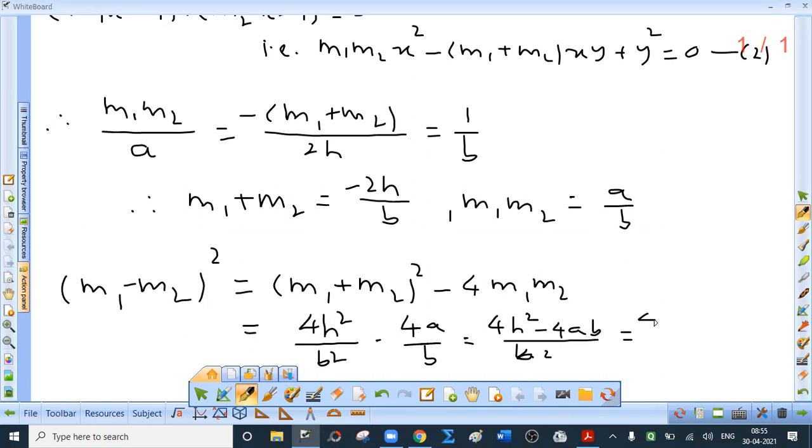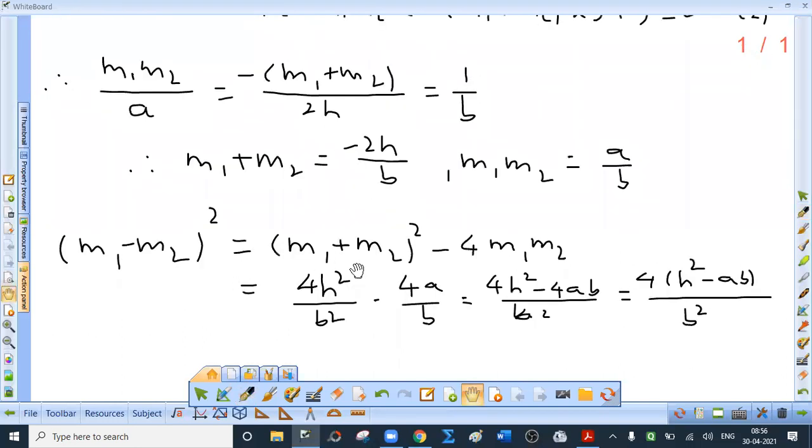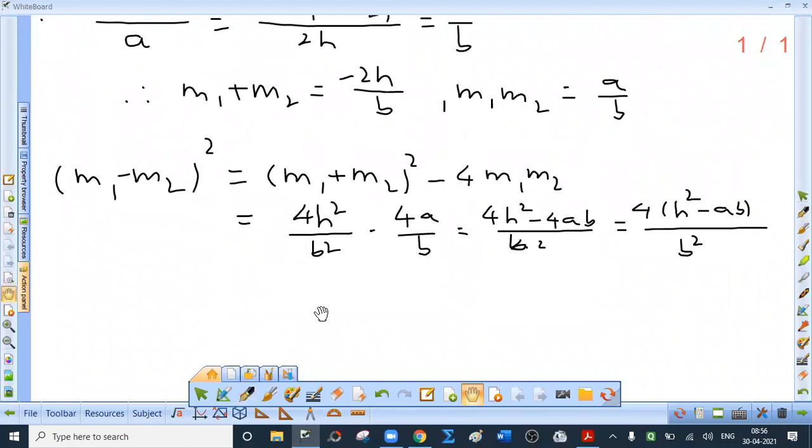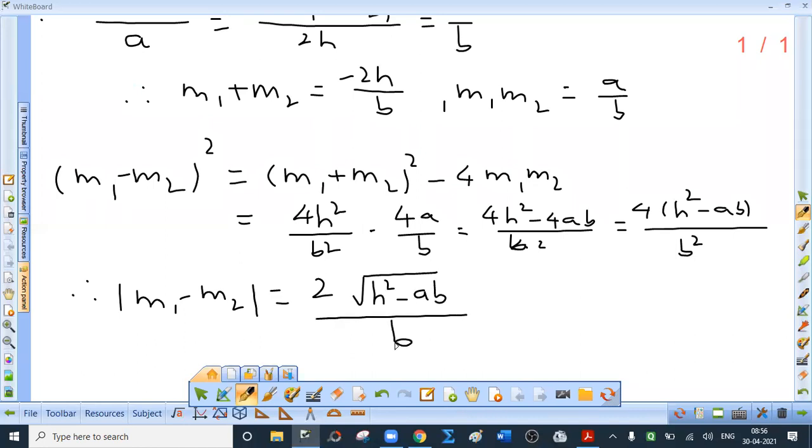So that is 4 in bracket h square minus ab upon b square. Is that clear? And therefore, what is mod of m1 minus m2? It is nothing but 2 root h square minus ab upon b.